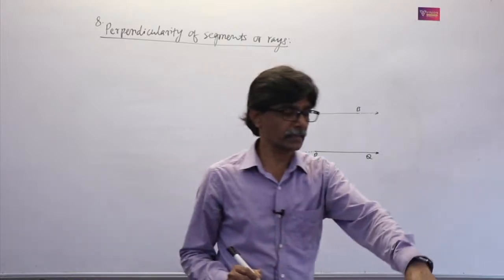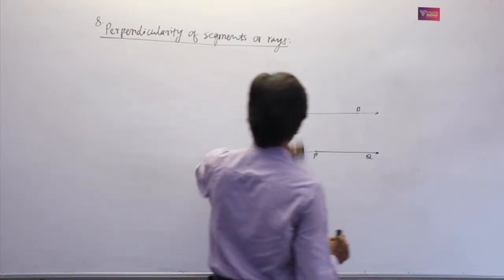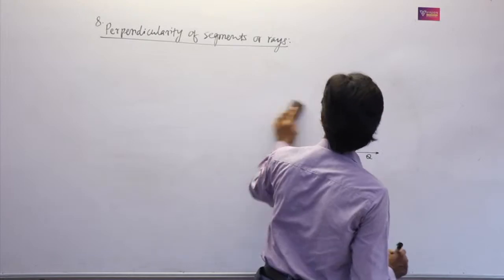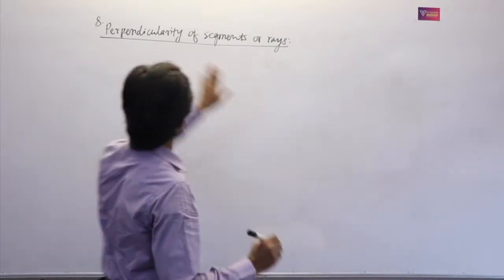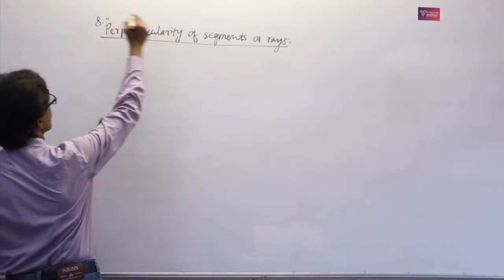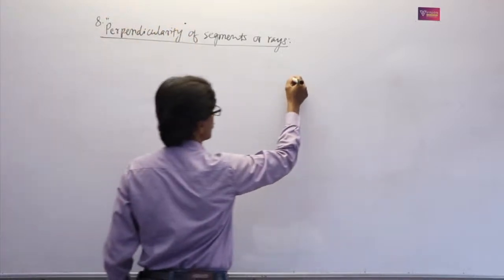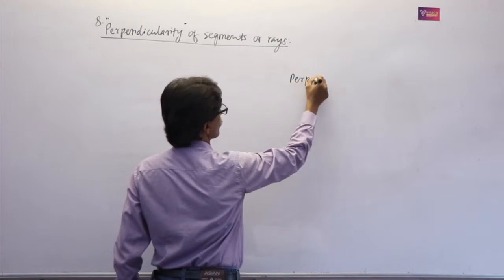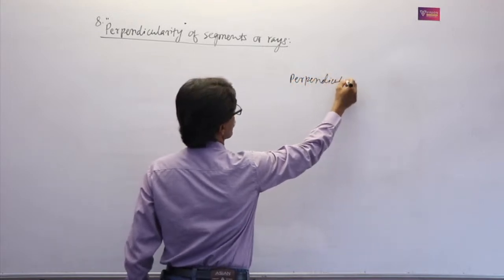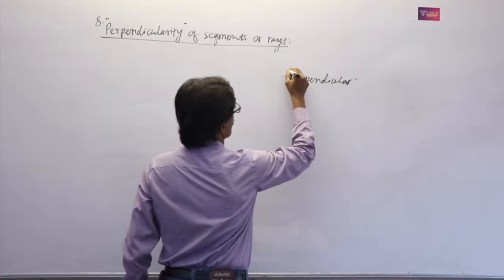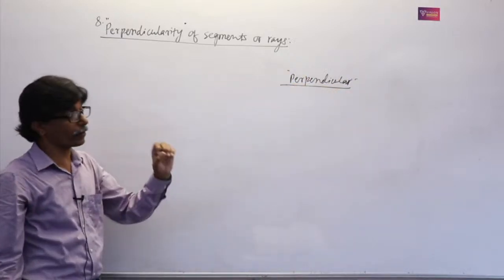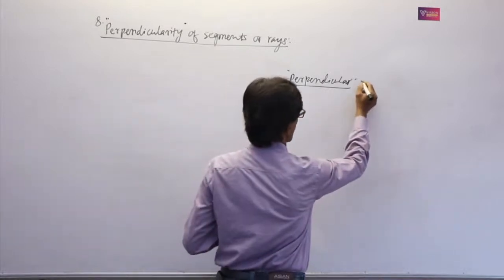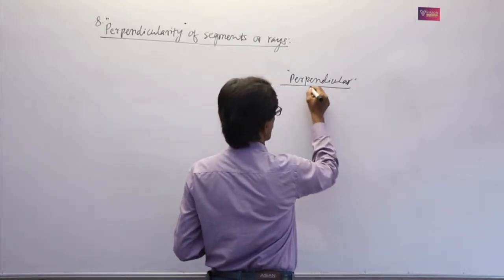Remember this sentence, and then using this sentence we have to define the perpendicularity of segments and rays. Now, in this title, perpendicularity, this word perpendicular, you must know what you mean by perpendicular, and this is to be studied about lines, perpendicular lines.